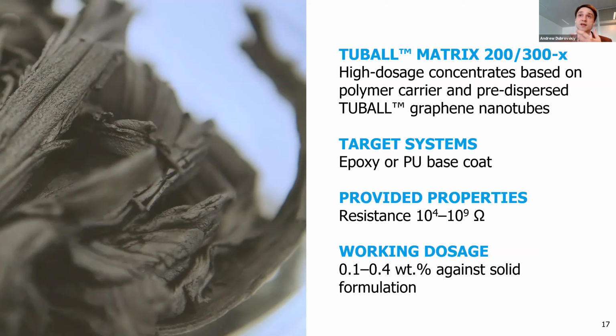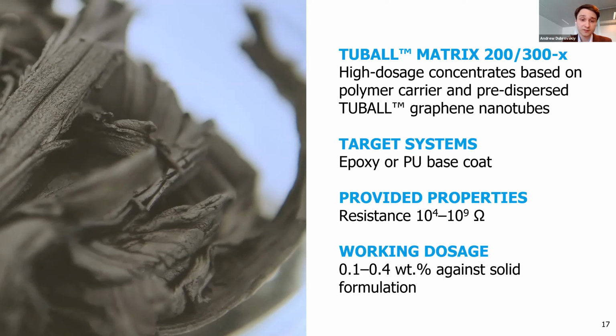So we have a lot of customers who are working with the dissipative range of electrically conductive flooring, which covers 10 to the 6 to 10 to the 9 ohm surface to surface resistance. Also, we have customers who are working in the conductive range, which covers 10 to the 4 to 10 to the 6 ohm surface to surface or surface to ground resistance. So it just depends on the final dosage of tubal matrix which you will bring into your coating.